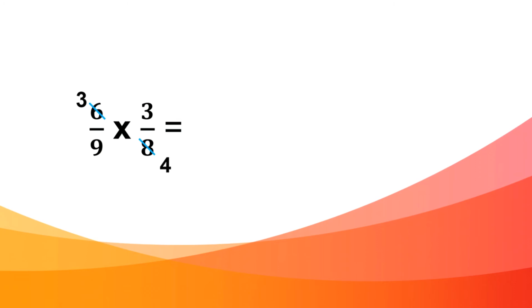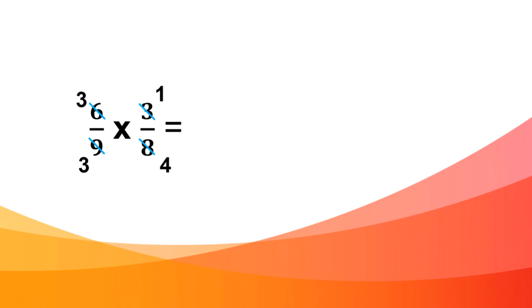The next one is yung 3 at 9 natin. Pwede ba silang i-cancel? O meron ba silang number na parehas sila na factor? Yes, meron. And that is 3. So, 3 divided by 3 is 1. 9 divided by 3 is 3. So, our new fraction is 3/3 times 1/4.